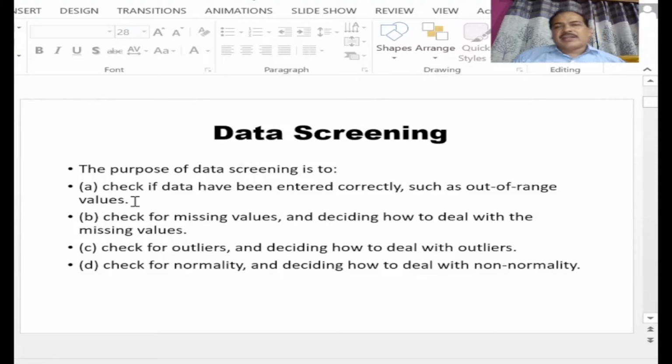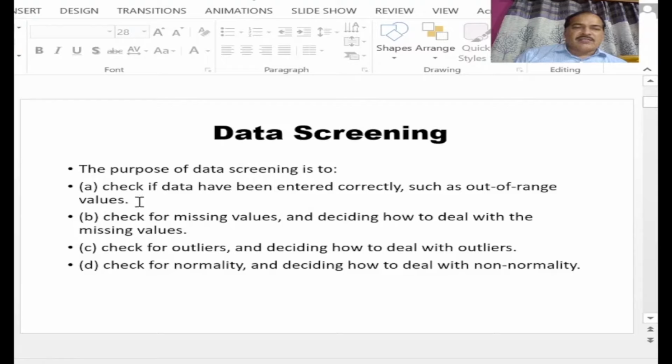Outliers are basically the extreme values within a particular univariate or multivariate scale. Another part associated with the data screening is the issue of normality. With the help of the data screening, we can also identify whether our data is normally distributed or not.